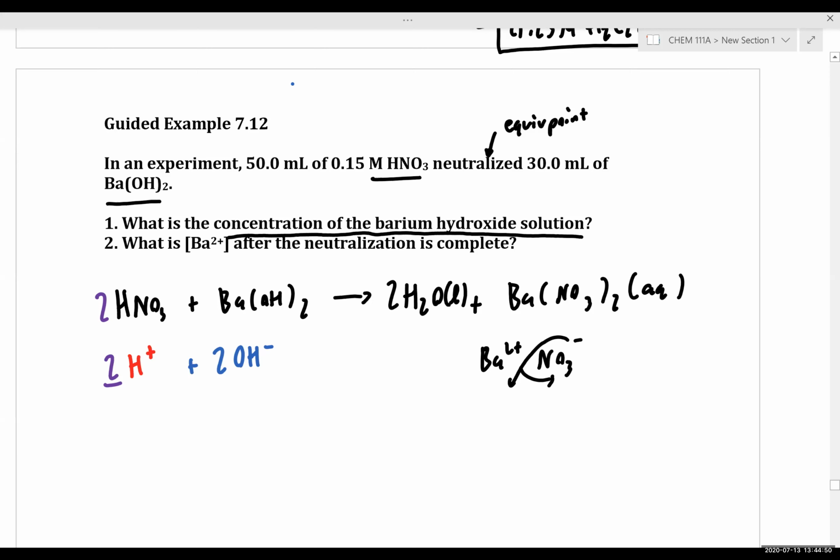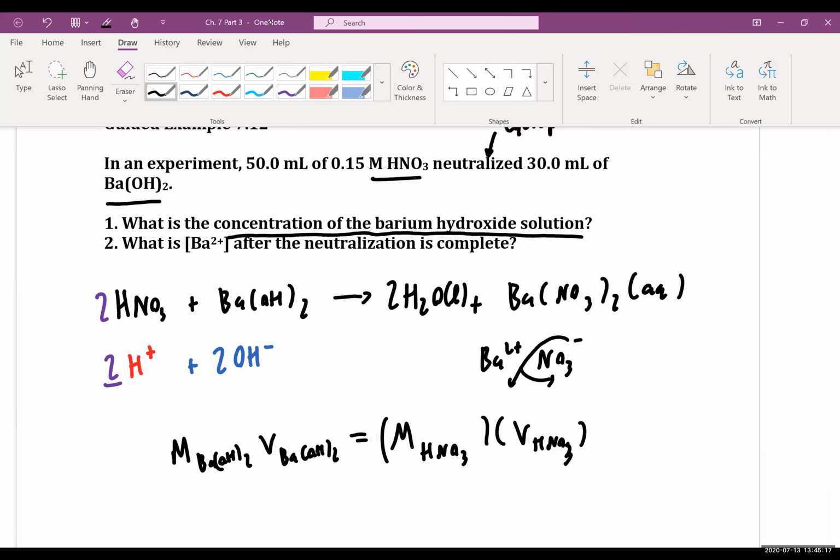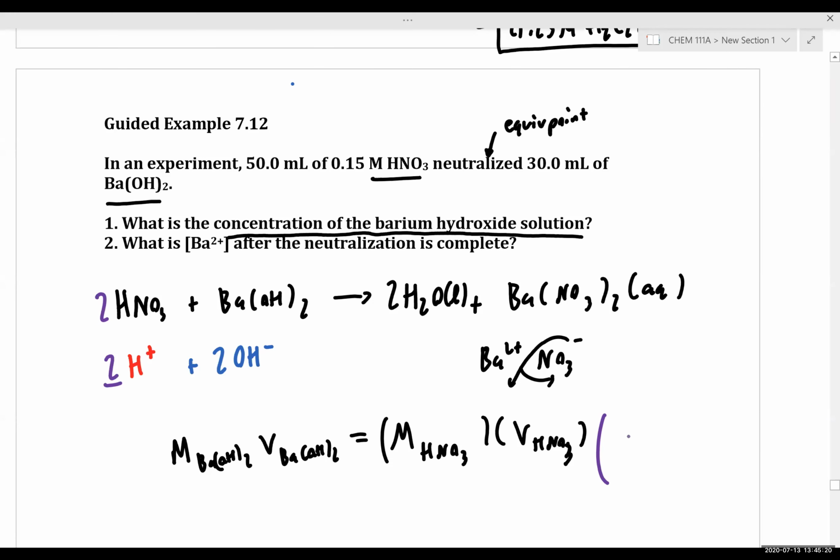So at the equivalence point, the molarity of barium hydroxide times the volume of barium hydroxide is equal to the molarity of nitric acid times the volume of nitric acid times our stoichiometric ratio.